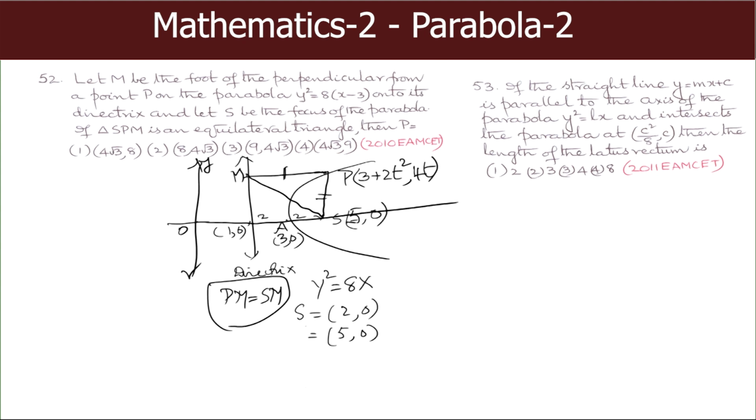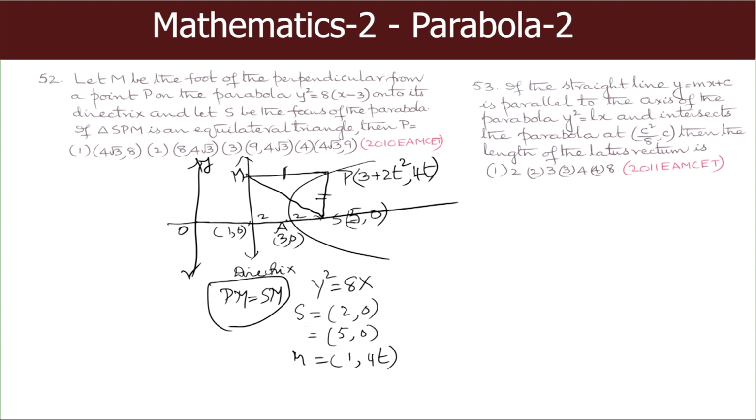Y equal to 2at, that is equal to 4t. Now, M also has the same y coordinate. X coordinate of M is 1, because this lies on the directrix. Y coordinate of M is the same as the y coordinate of P, that is 4t. So, M equal to (1, 4t). With this, I think you can apply the condition PM equal to SM.